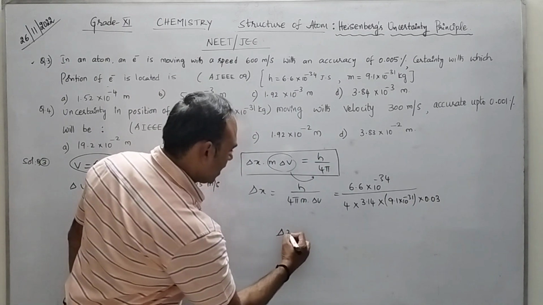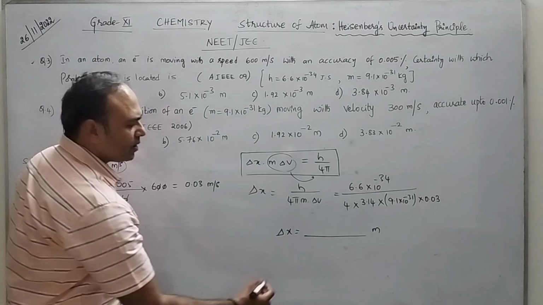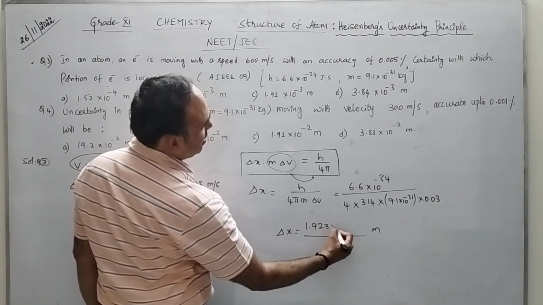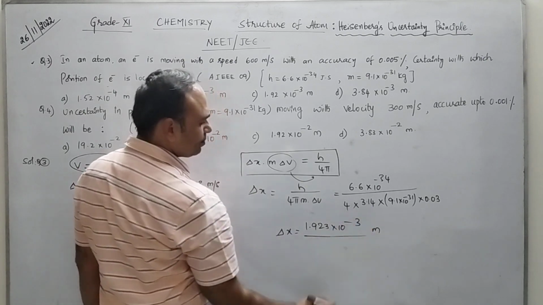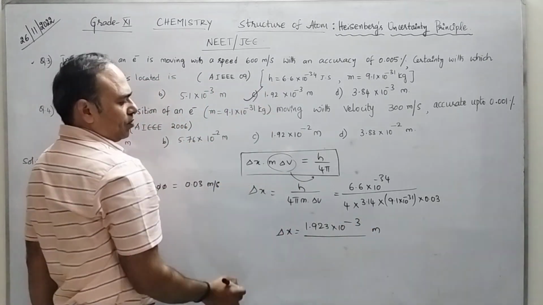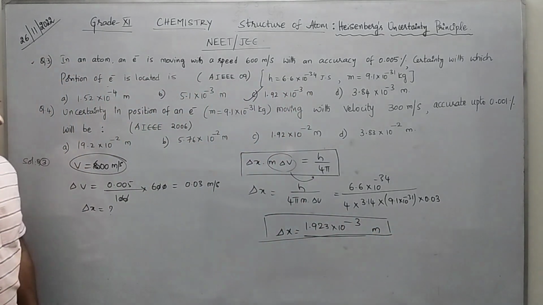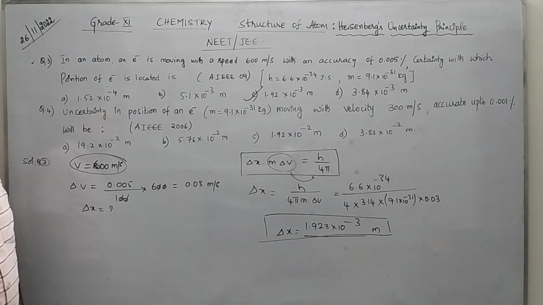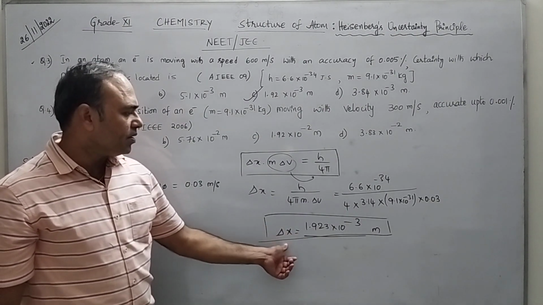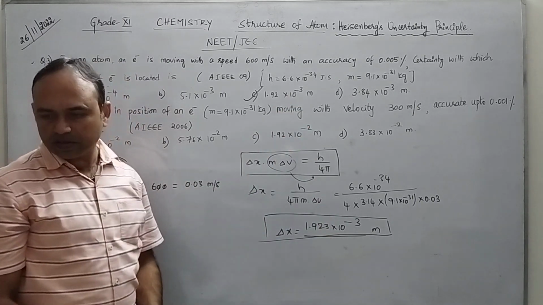So delta x in terms of meters, we get 1.923 into 10 to the power of minus 3. So this value is nothing but option C. For convenience I have already solved this. So hence we get delta x, uncertainty in position, is nothing but 1.92 into 10 to the power of minus 3 meter. Hope you have understood this.